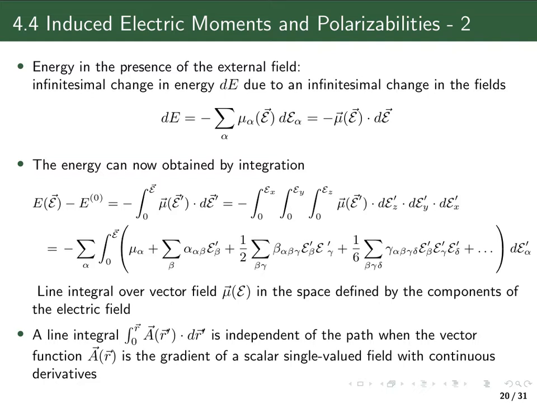Now, this kind of integral actually is a line integral over a vector field. The dipole moment is a vector, and it depends on another vector, so it's a vector field. And the space in which we integrate is actually defined by the components of the electric field.